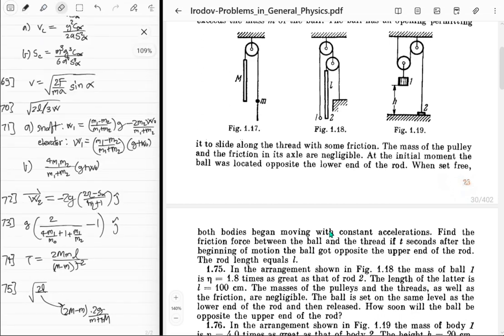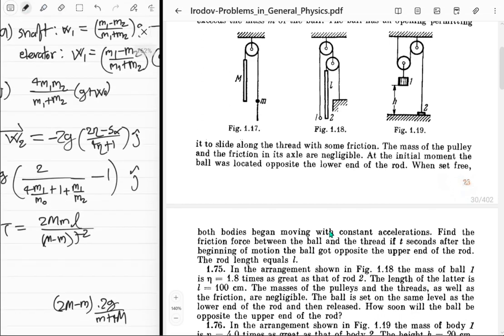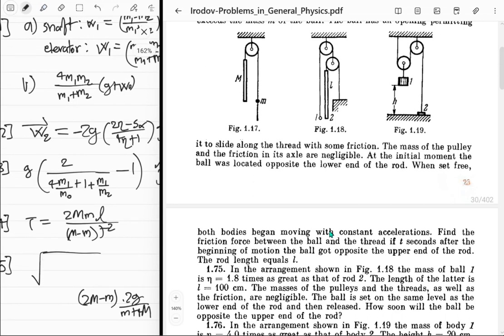Time to do it. Square root of, so 2L upon 2G, that's just L upon G. So L upon G, and then the reciprocal of this thing is just small m plus 4 capital M upon 2 capital M minus small m. Done.